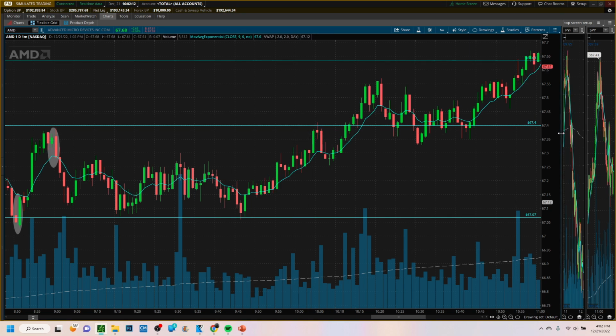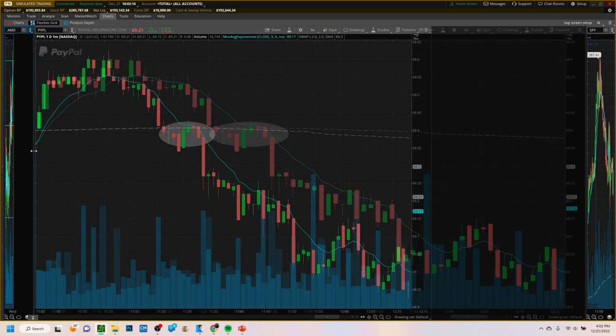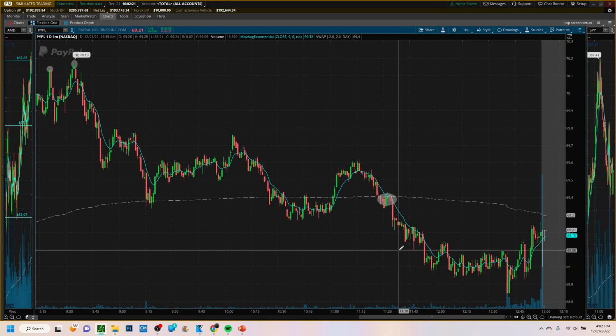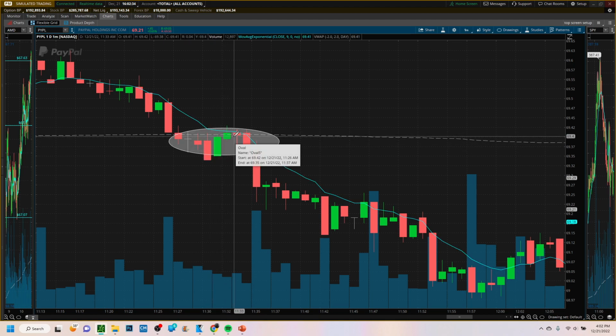So let's look at another chart here. I'm going to look at PayPal real quick. Zoom out. I already highlighted one of them, but this is an example of our continuation pattern. It's trending down, we have our red candles, and then it pushes back a little bit. The market takes a little breather, as it tends to do.